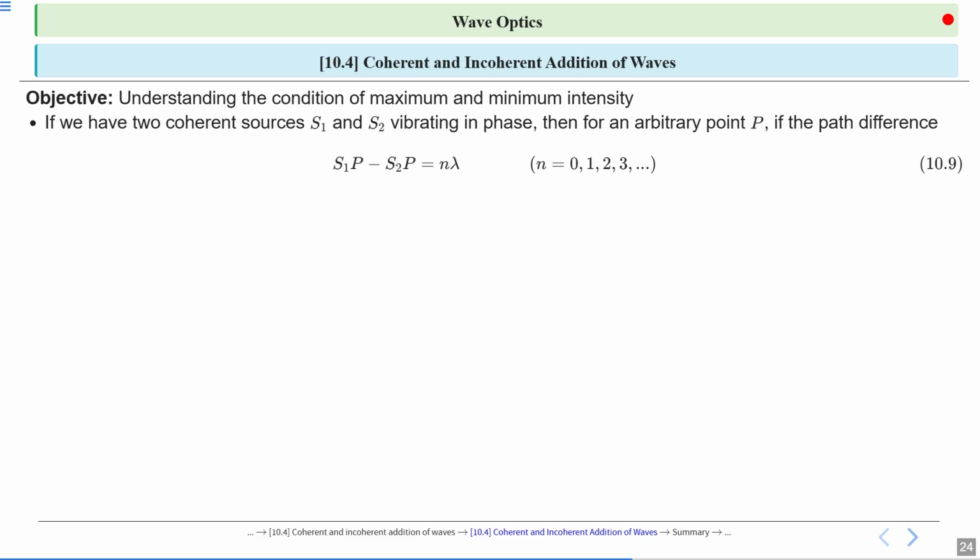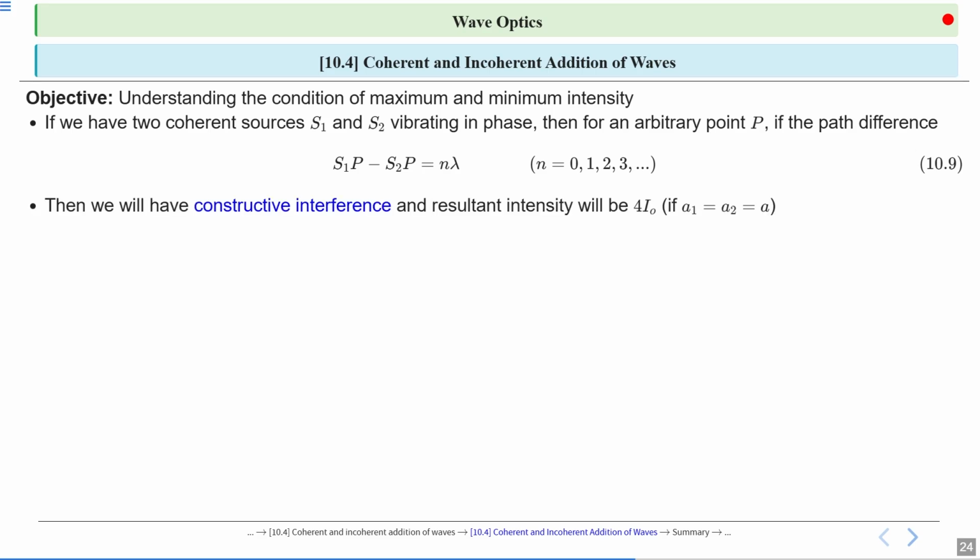So if two coherent sources S1 and S2 are vibrating in phase, then for any arbitrary point P, if the path difference S1P minus S2P is equal to n lambda, which is an integral multiple of wavelength, where n is equal to 0, 1, 2, 3, equation 10.9, then we will have constructive interference, and the resultant intensity will be 4I naught. This is the maximum resultant intensity.